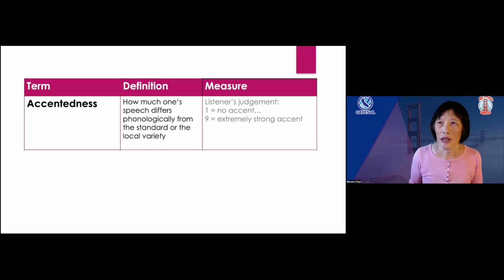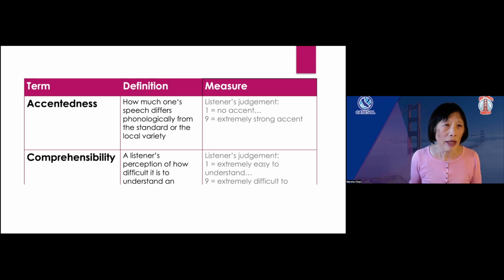A listener may say, you have no accent, or you have an extremely strong accent, and it's difficult for me to calculate what it is that you're saying and then put it all into my ears. In fact, all of us have accents. But people generally use this word to mean an accent that's different from what I'm used to or what is standard.